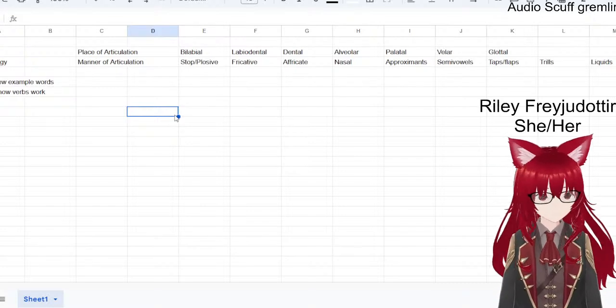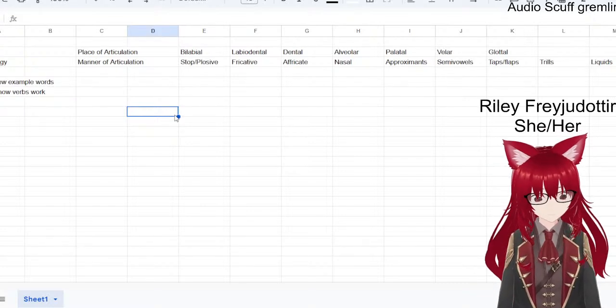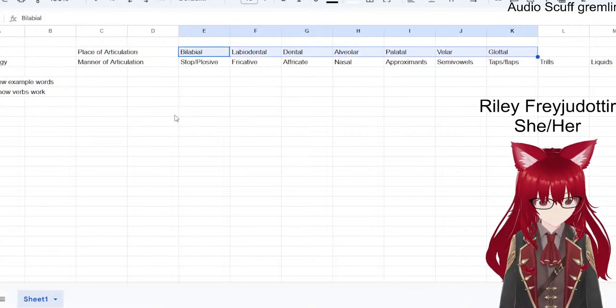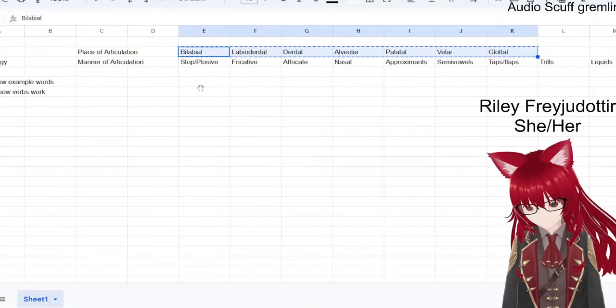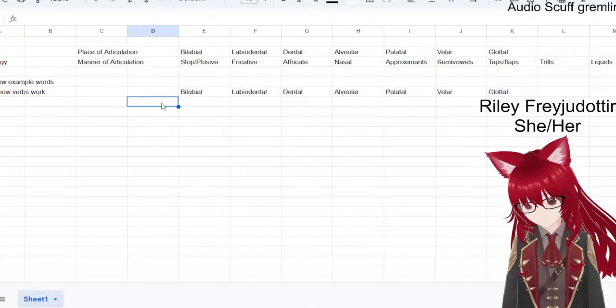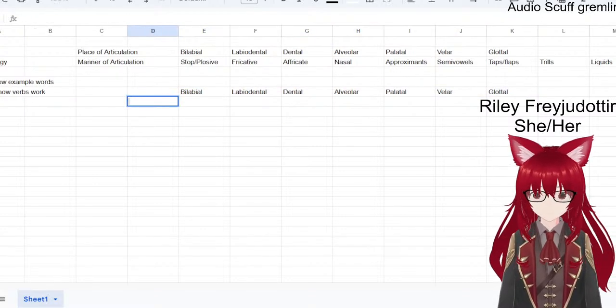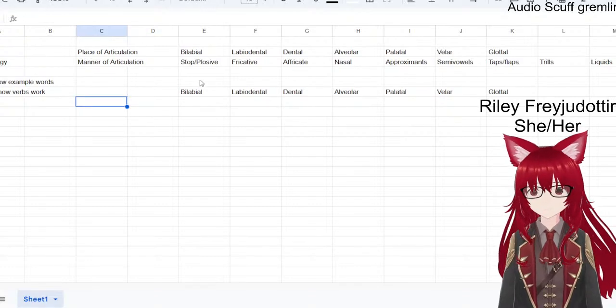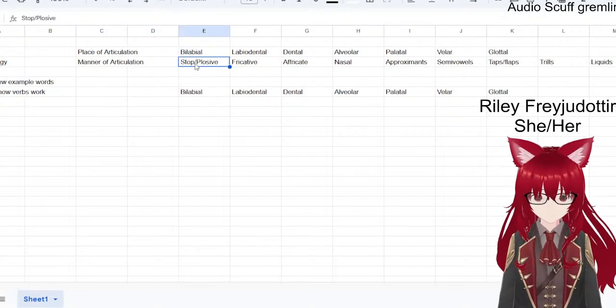All right. So now we're going to decide what kind of sounds we want in our language. To do that, we're going to make a chart. Oh, one more thing I should say about the manner of articulation.